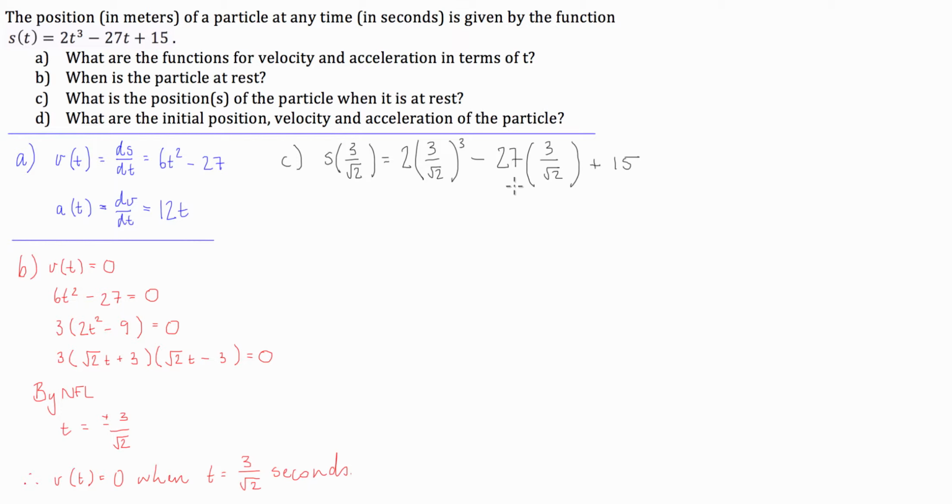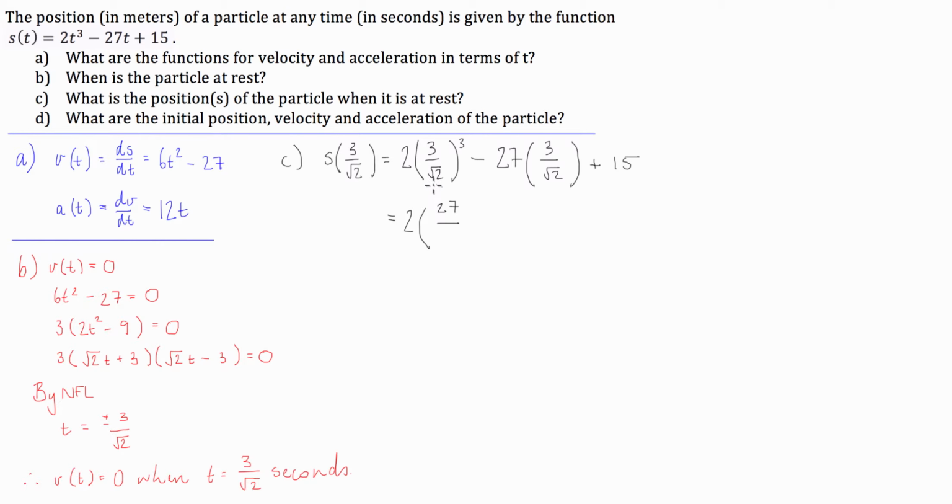Great. So what we're going to do here is go 3 over square root 2 cubed. What that is going to equal is 2, because we do the power first, 3 cubed, which is 27, over square root 2 cubed.